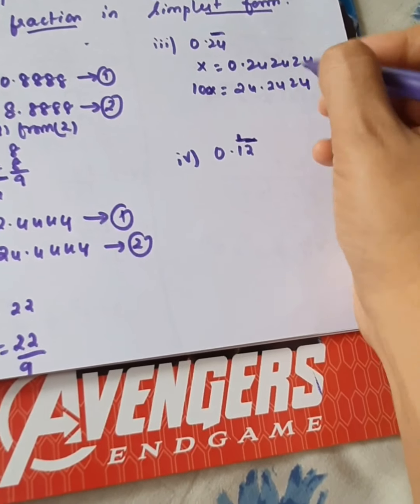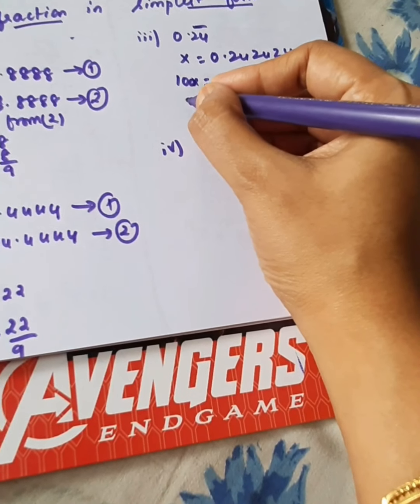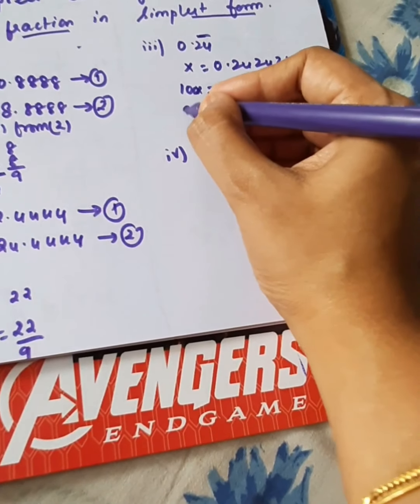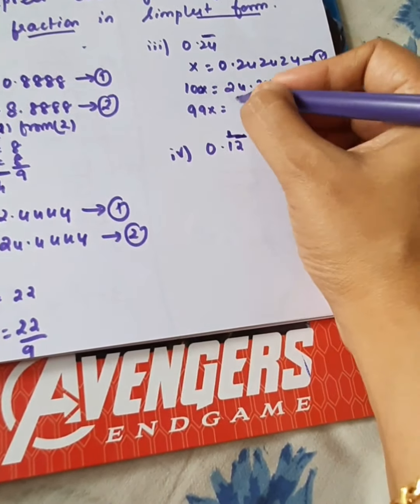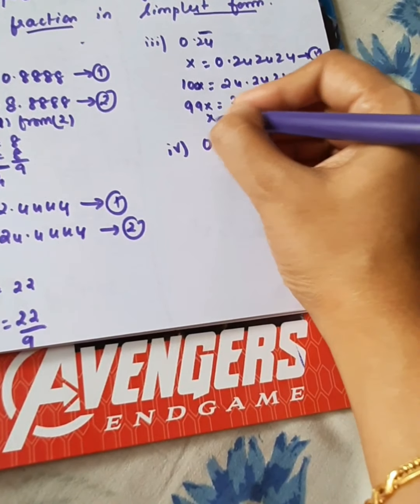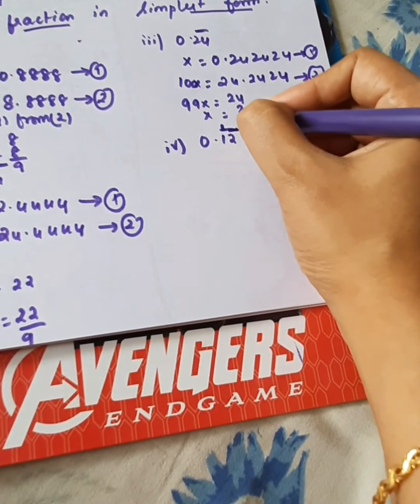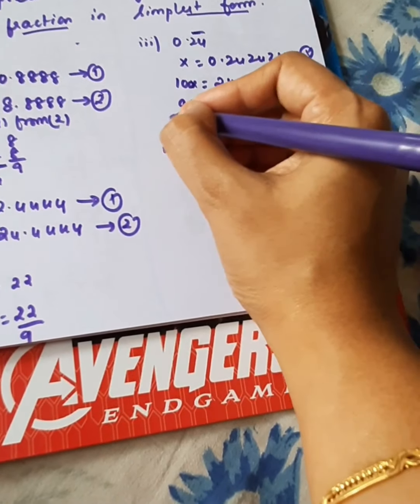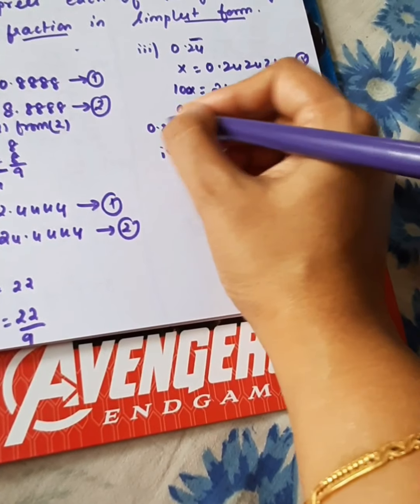Taking these as equation 1 and equation 2, we get 99x equal to 24, so x equals 24 by 99, which goes in the 3 table: 8 by 33. So this is the simplest form for 0.24, which is not terminating.